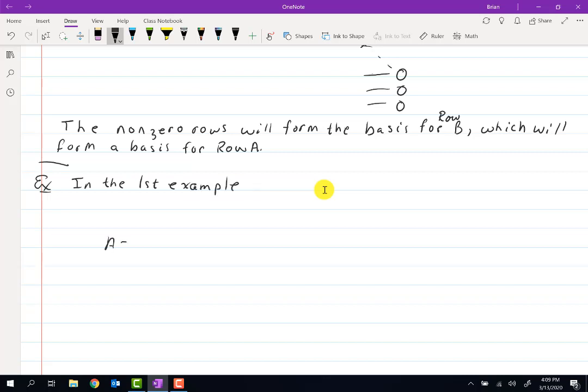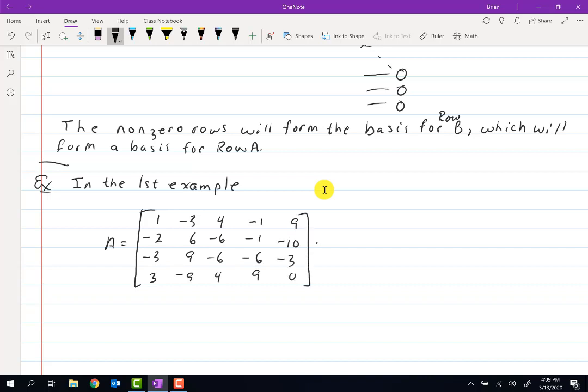A was equal to, I think it was a 4 by 5, 1, -2, -3, 3, -3, 6, 9, -9, 4, -6, 4, -1, -1, -6, 9, 9, -10, -3, 0. If you recall what we ended up with, that would be B in the theorem.